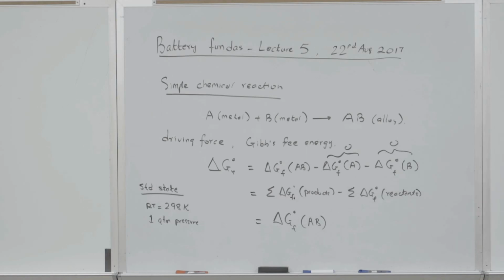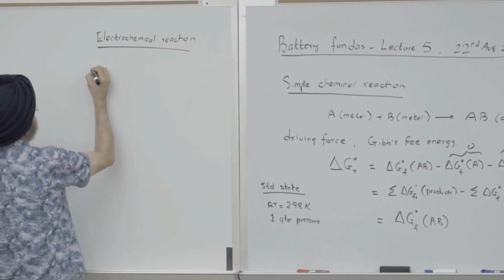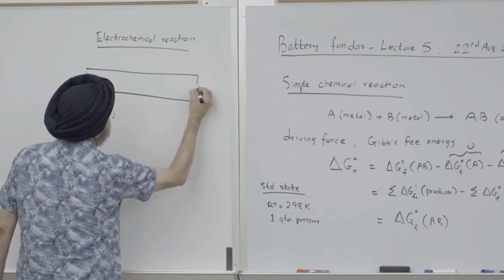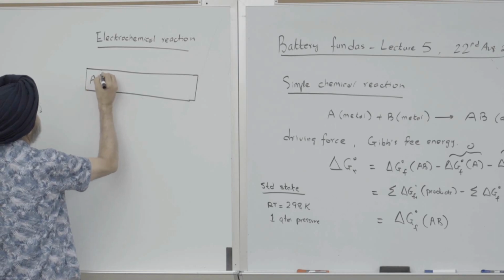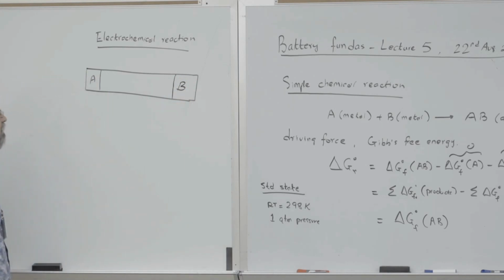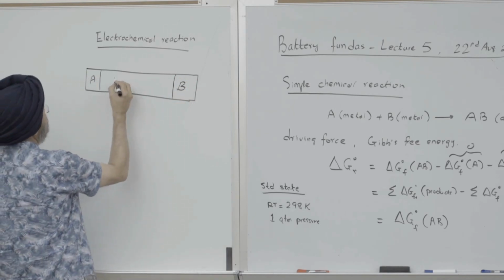Now, we are discussing electrochemical reactions. So let's discuss an electrochemical reaction of A and B. Now we change it because we have an electrochemical cell. We have metal A and we have metal B, and in between we have an electrolyte.